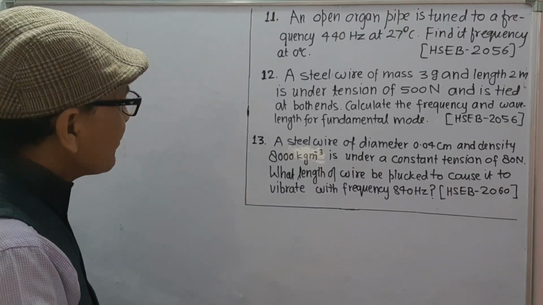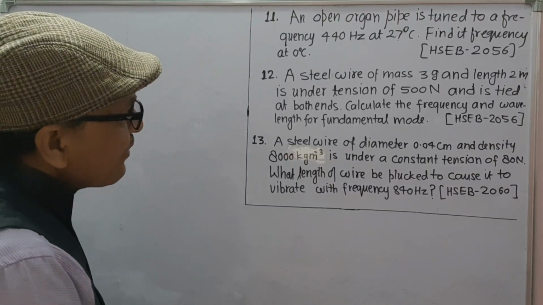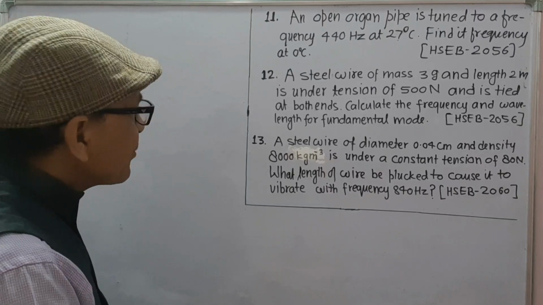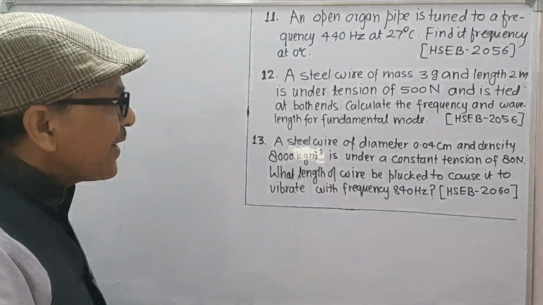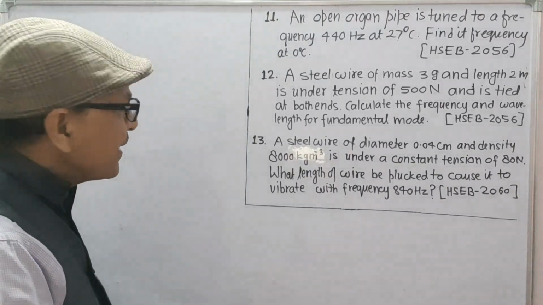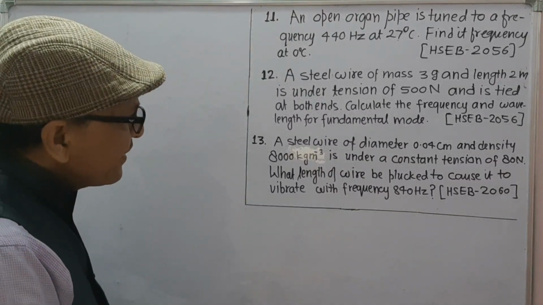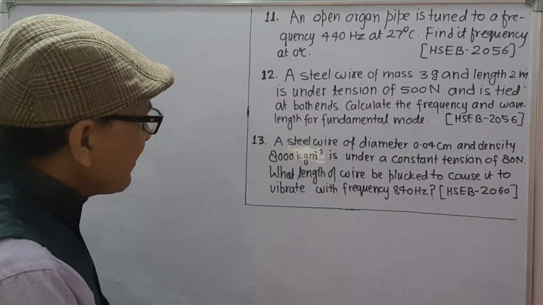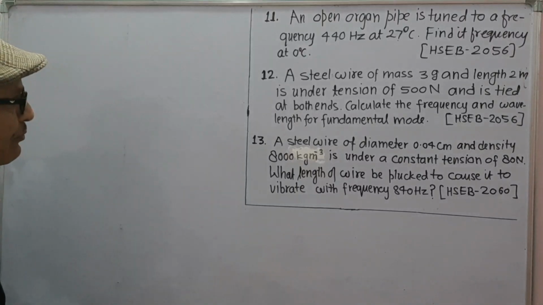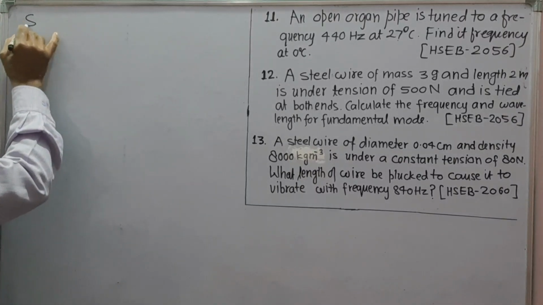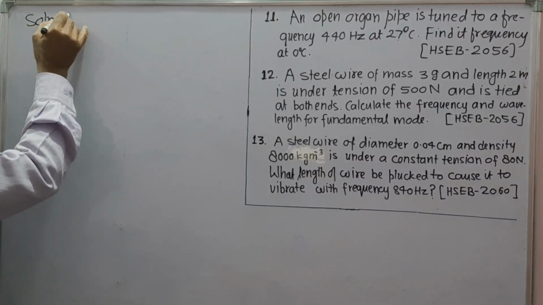Next question number 12. A steel wire of mass 3 gram and length 2 meter is under tension of 500 Newton and is tied at both ends. Calculate the frequency and wavelength for fundamental mode. So, solution to question 12.